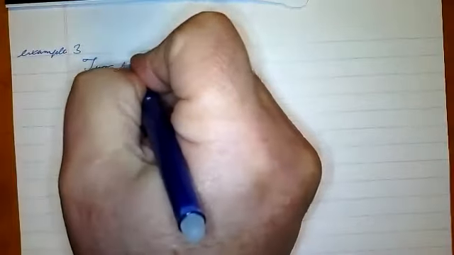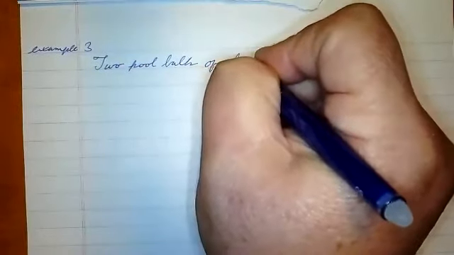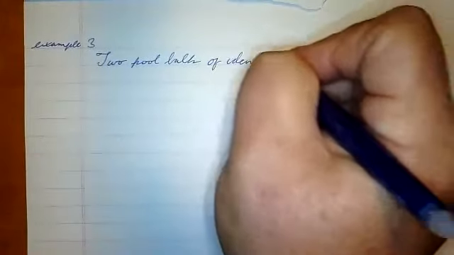And we're going to say 2 pool balls of identical mass, MA equals MB, it equals just plain M, collide.